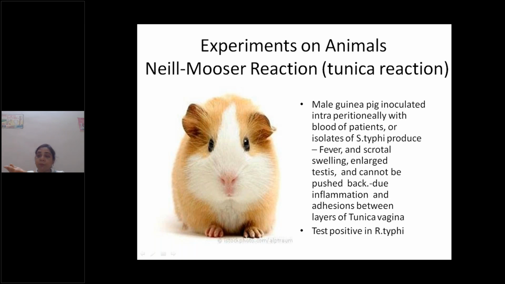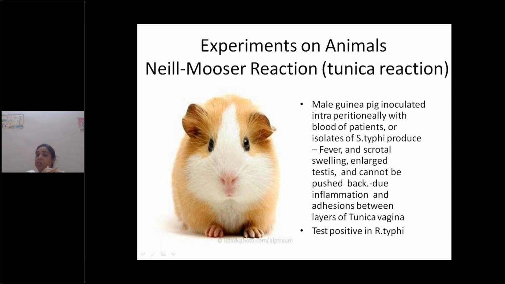The animal that you employ is the guinea pig. Inoculate a sample from a person suffering from typhus fever into a male guinea pig. If it is positive, then the guinea pig acquires fever as well as scrotal swelling, inflammation. This test will be positive only for endemic typhus, but not epidemic.